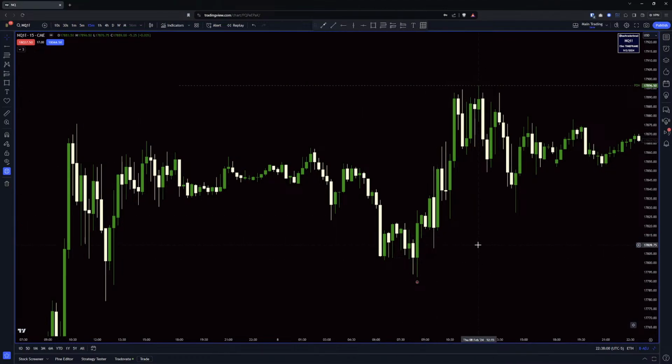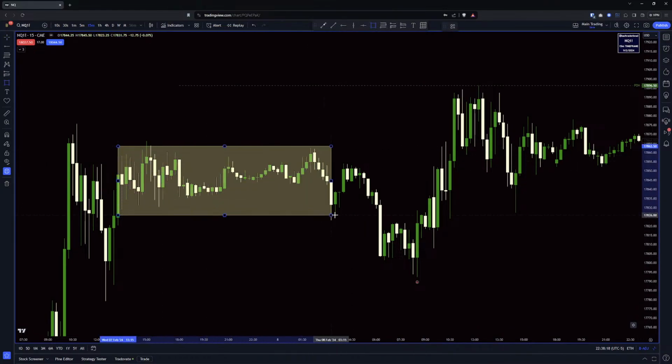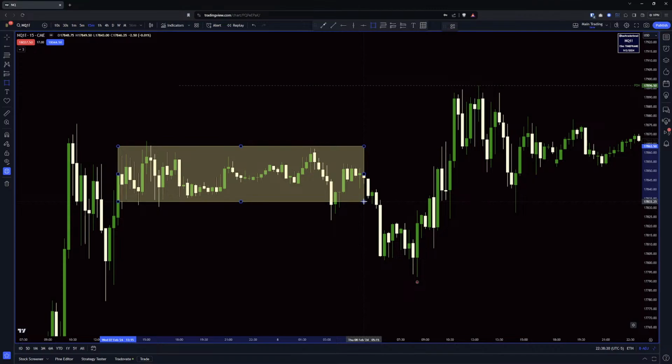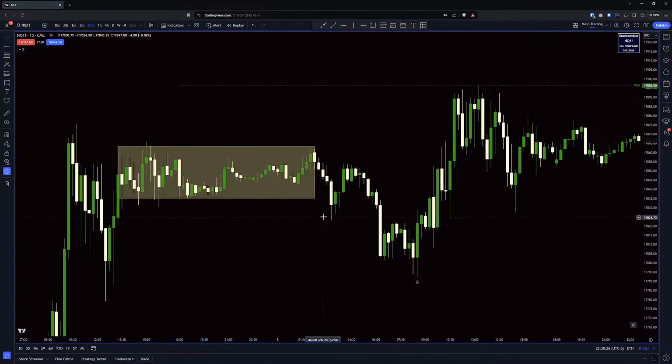I mean, it's a great setup, and it's sort of a no-brainer, but how far you can take it, this got me really interested. So as you can see with this setup from Thursday, we had a very well-defined accumulation phase, and I would say it probably stopped right there, right?